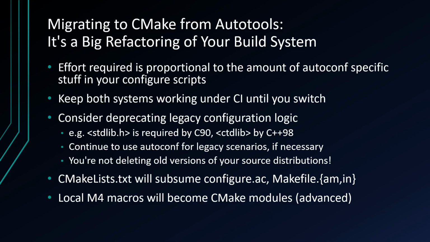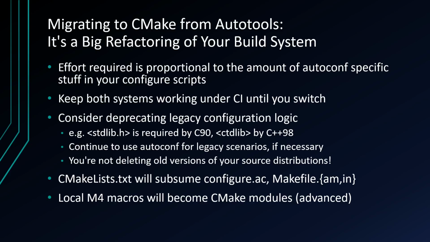Basically, your CMakeLists.txt is going to subsume the same functionality that was in your configure.ac and in your makefile, because the configure phase of CMake will take care of the functionality described in your configure.ac file, and the build generator is going to handle 99% of the stuff that's in your makefile boilerplate. If you do have your own local M4 macros, chances are you'll be converting those into CMake modules that you share between projects.